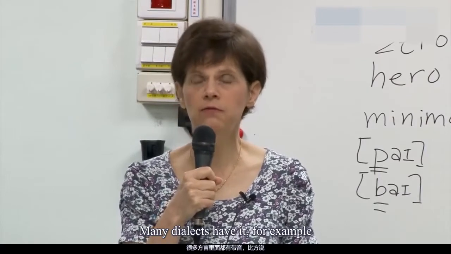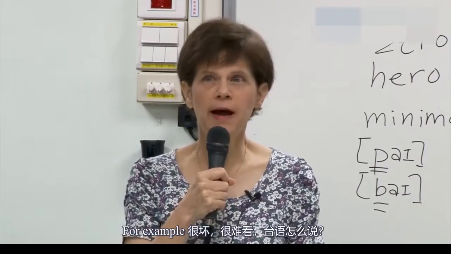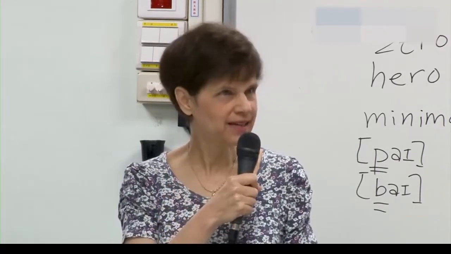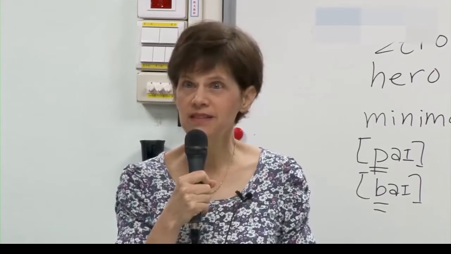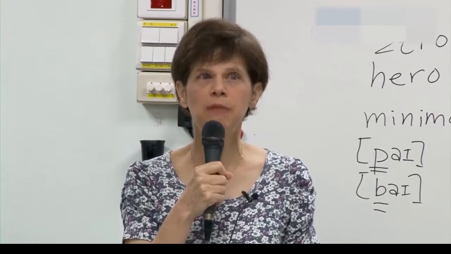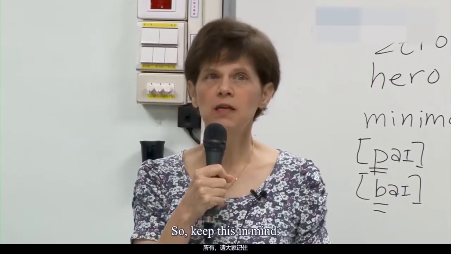Now, it's not as though Chinese in general, 汉语不能说是没有这样的 voicing. Many dialects have it. For example, 闽南语就有了。For example, 很坏，很难看啊。台语怎么说？就 bye, right? 那个是 voiced，那个就蛮像英文的，不完全一样，可是差不多就是那个道理。Bye, bye，是不是？Okay, that's voiced. So keep these in mind.